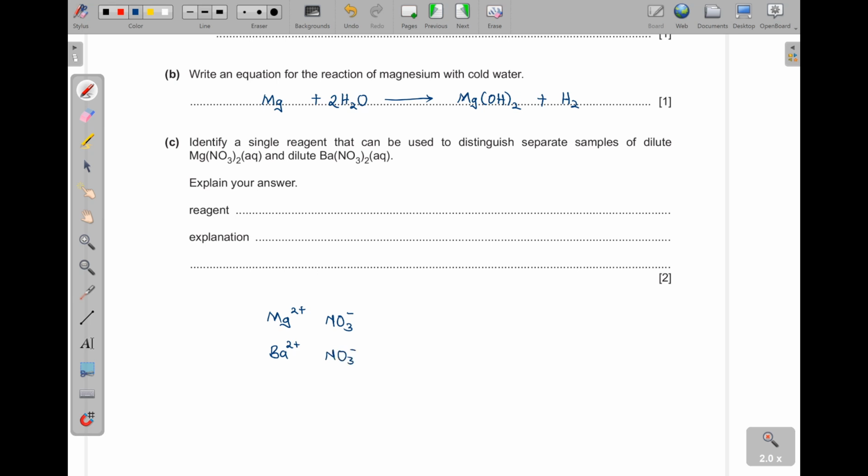Now, we know that the solubility of sulfates of group 2 elements decreases down the group. Let me write it here.